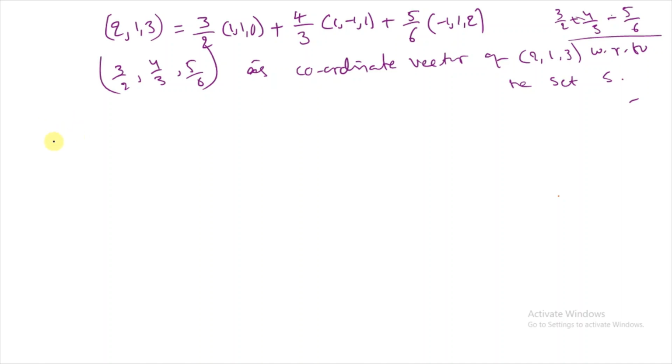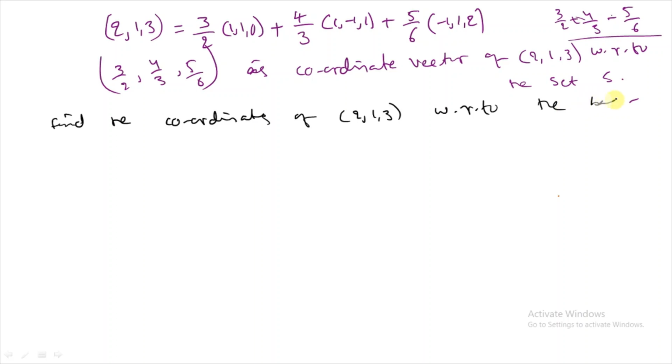So it's asking to find the coordinates of (2, 1, 3) with respect to the basis (1, 1, 0), (1, minus 1, 1), (minus 1, 1, 2).